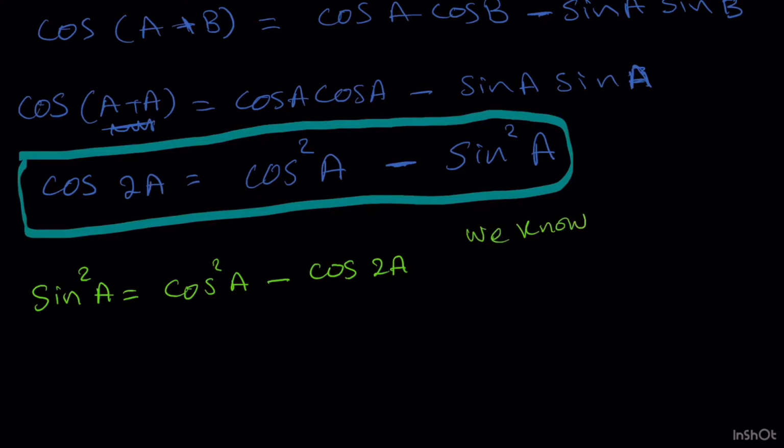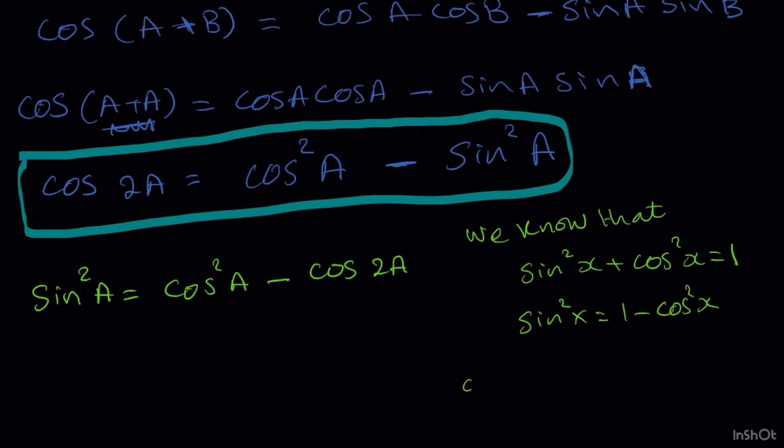We did that before, that sine squared x plus cosine squared x equals 1. Therefore, sine squared x is 1 minus cosine squared x, or cosine squared x equals 1 minus sine squared x.